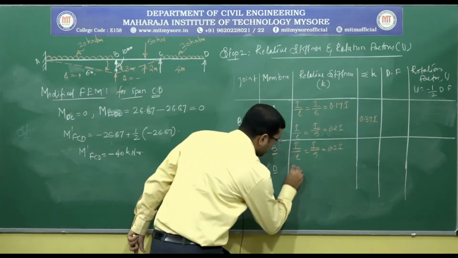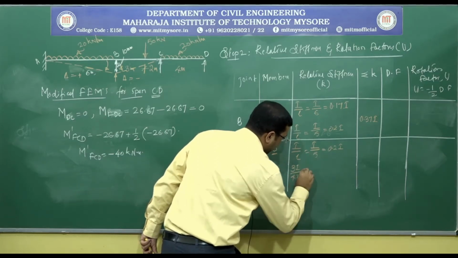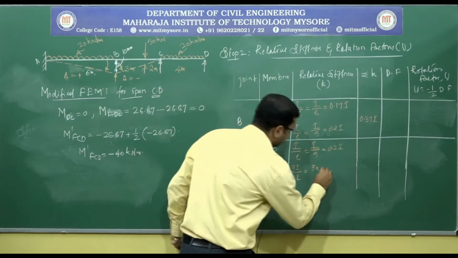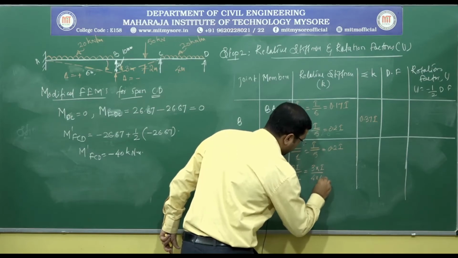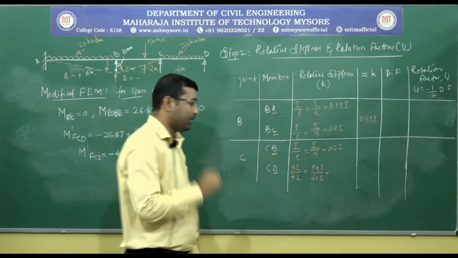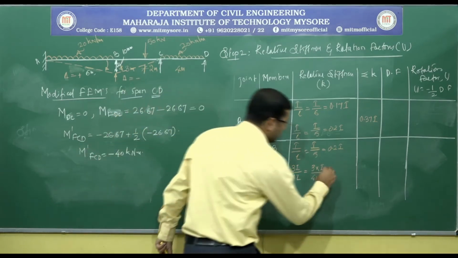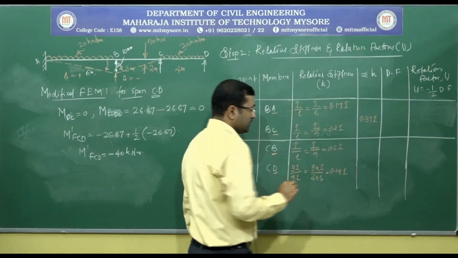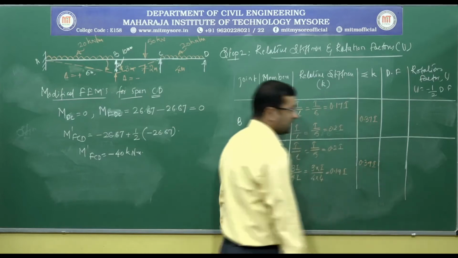So, here it is 3I by 4L. So, 3 into I value is I and L is 4 into 4, right. This gives you 0.19 I. So, this total will be 0.39 I, right.